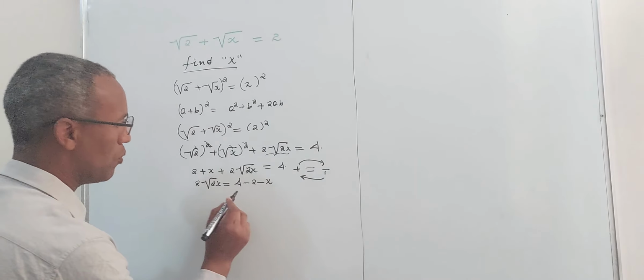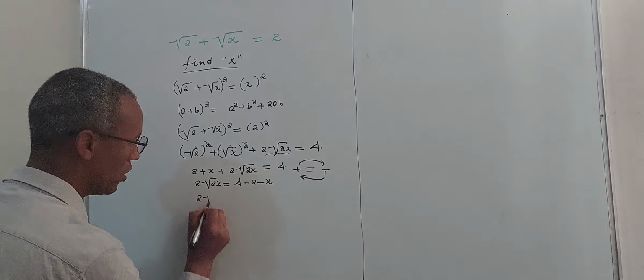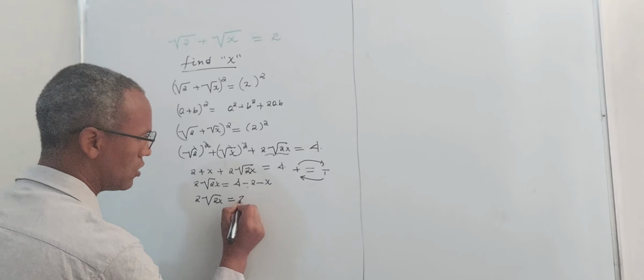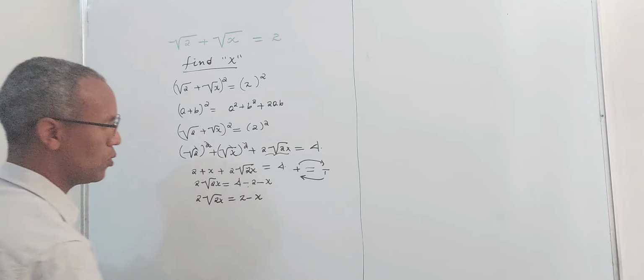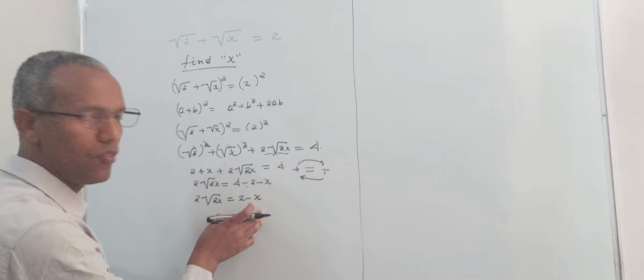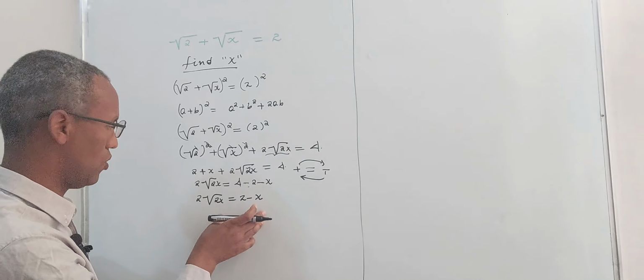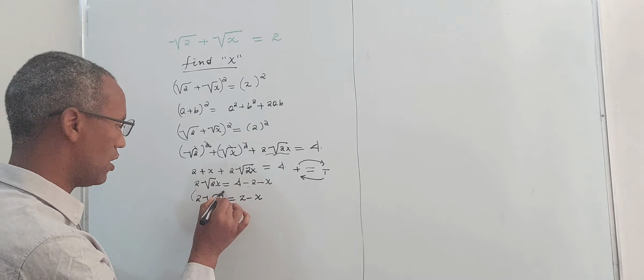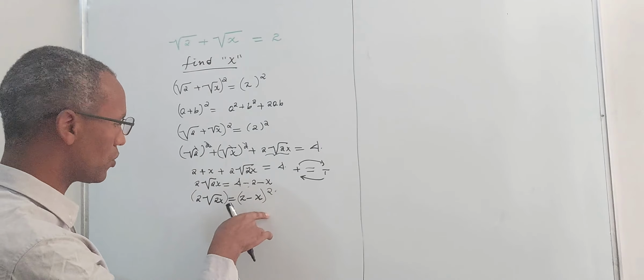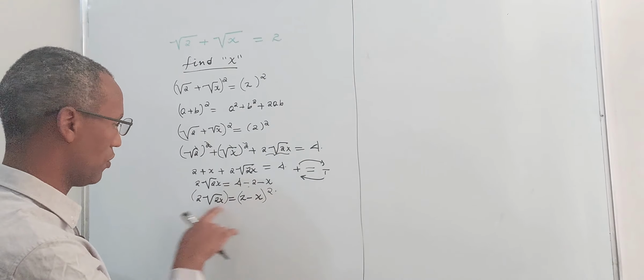Now, 2 square root of 2x is equal to 2 minus x. To find the value of x, again, you can take the square of both sides. You can square both sides.